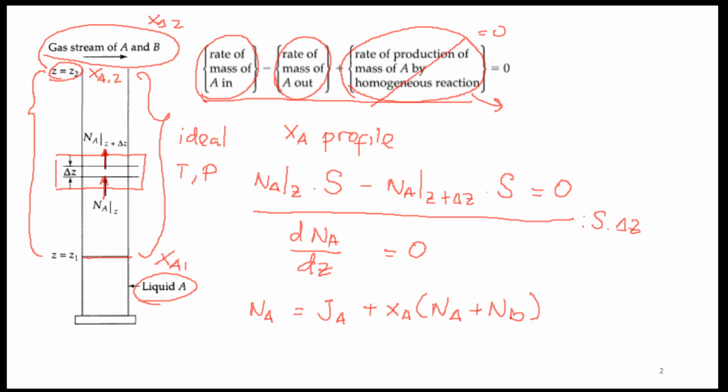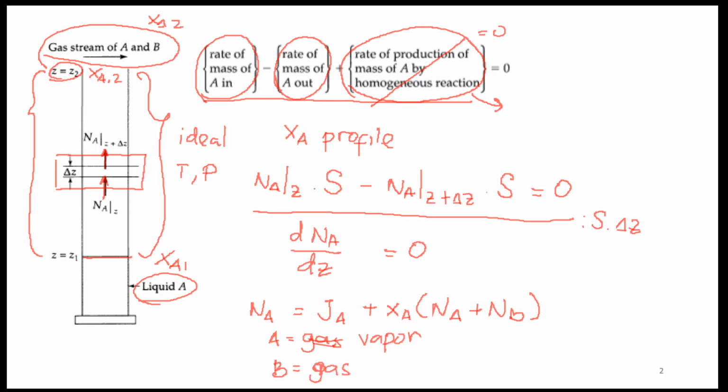In this case, we have to remember that A is the vapor and B is the gas.